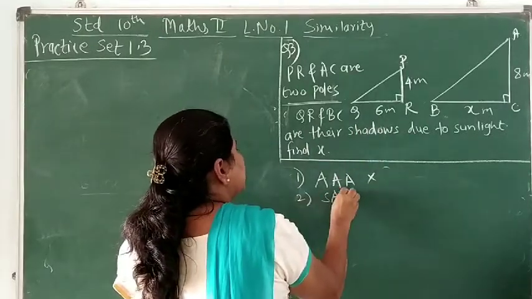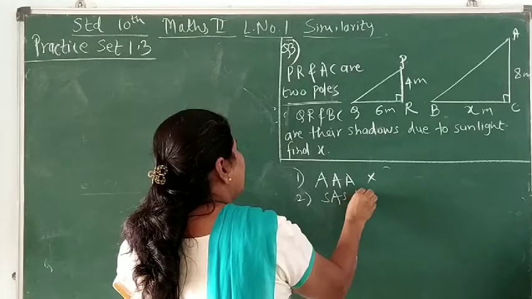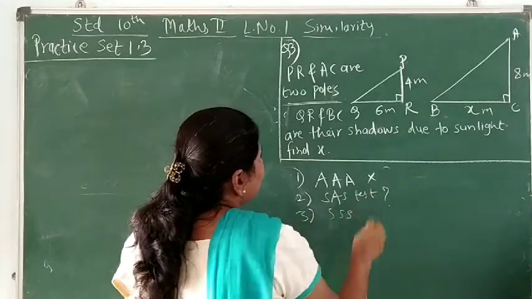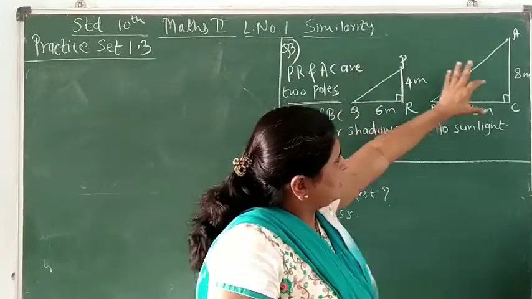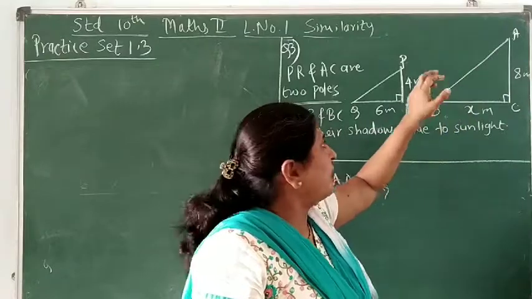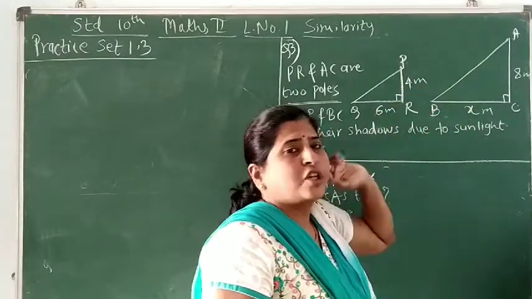Can we use the SAS test? Okay, can we use this test? And the third test is SSS. So when these two poles, whatever their height will be, what can we tell about their shadows?